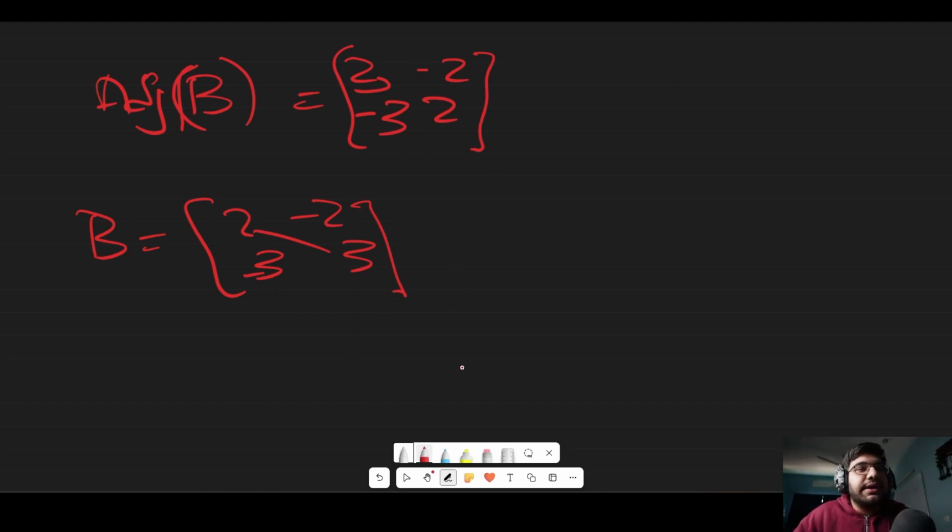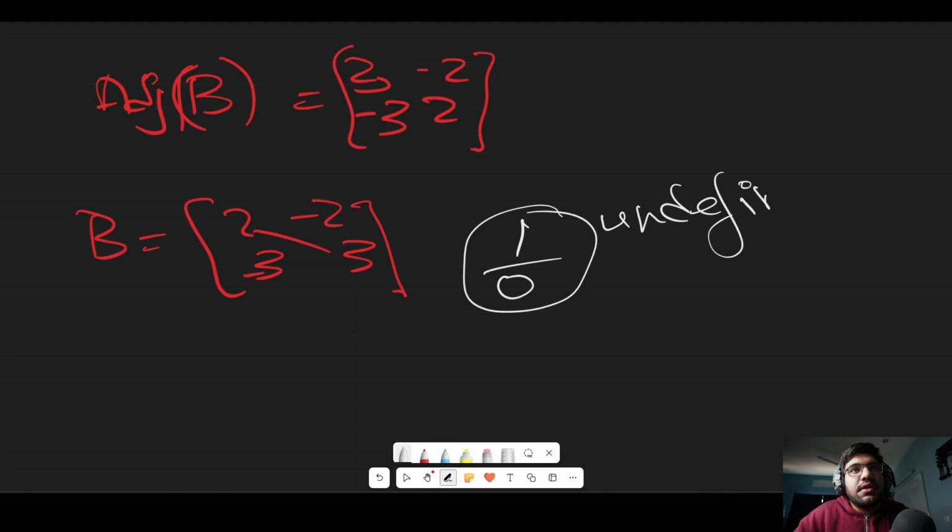Let's multiply it by 1 over the determinant of the matrix. So 1 over 0. This is undefined. In mathematical terms, 1 over 0 is undefined. So undefined multiplied by any matrix is basically undefined. So this cannot be taken.